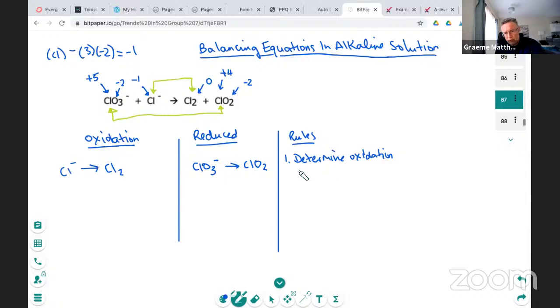Next, step 2, I'm going to balance for the change in oxidation state by adding in electrons.